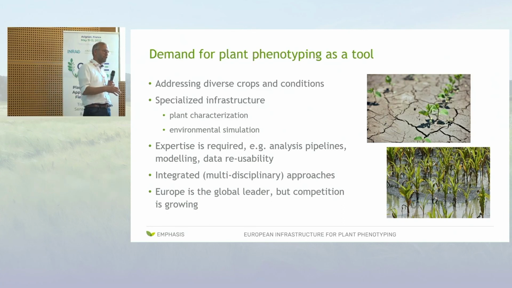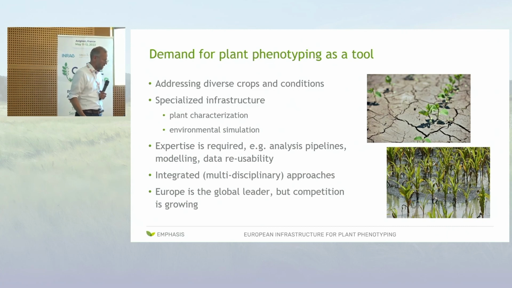It's not only the infrastructure, not only the trait detection itself, but also the modeling, nice examples of which we saw today, and the data reusability; FAIR was already mentioned; and integrated approaches across sites. Actually we're doing a pretty good job in Europe in having all these infrastructures and sitting here all together also in France. If you often compare us to the United States, we were the global leader. Australia did a lot also, I must say, but now competition is growing. To pitch this for Europe, I think we're still pretty good.